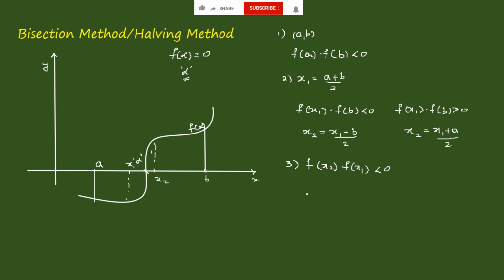Then we define the x3 value, which is equal to x1 plus x2 by 2. If f of x3 is equal to 0 or approximately equal to 0, then alpha, the root of the function, is equal to x3. This is the method of finding the roots of a function by using the bisection method.